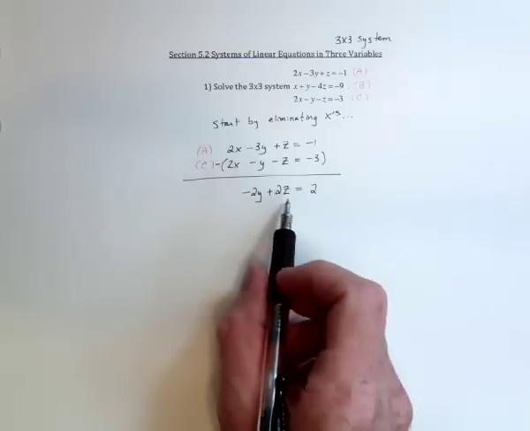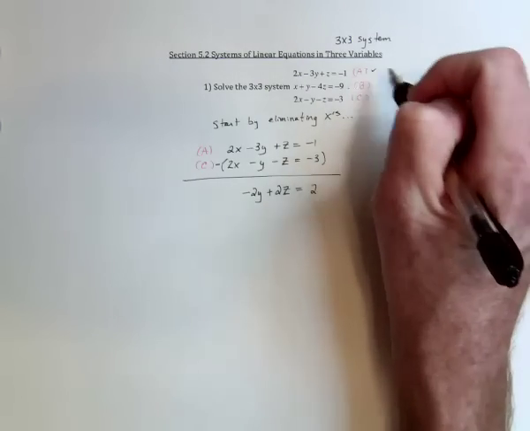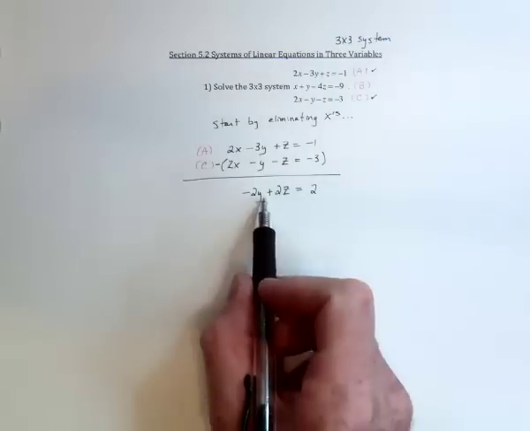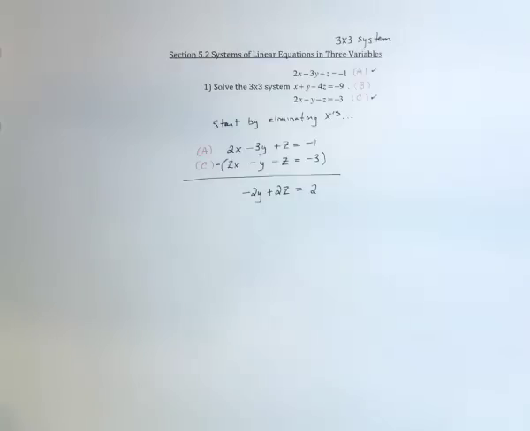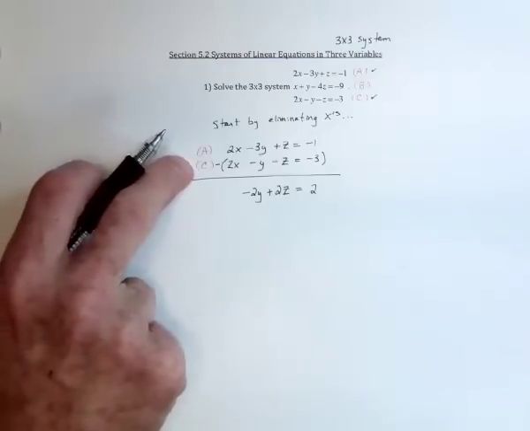We need to repeat that. Go back to the A, B, and C, and I chose to use A and C, and I got an equation that has just y and z in it. Well, I'll do that again with either A and B or B and C, just don't use A and C again.